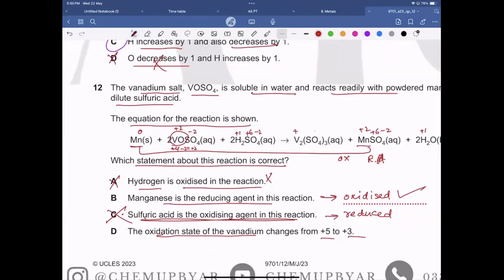And over here, it's -2 times 3, so it means +3. So see, it's changing from +4 to +3, not +5 to +3. That makes D wrong. Okay. So we are left with only B, and we have already figured that out, but we are assuring that the rest of the ones are wrong. So B is the correct answer.